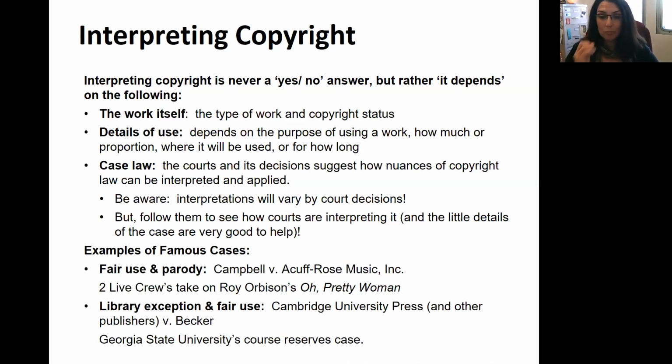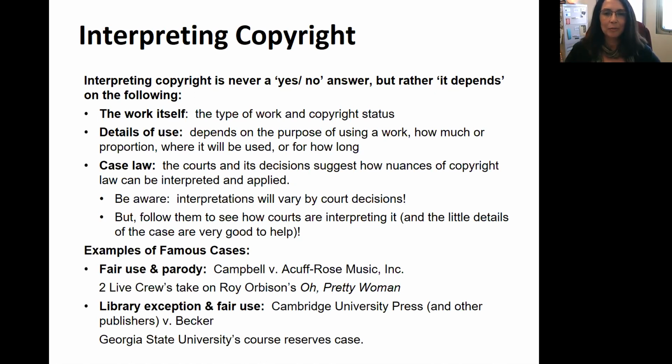So just to give you a couple examples of some very famous cases, fair use and parody actually was defined quite a bit, and it originated here from South Florida. How about that? Luther Campbell, also known as Luke or Luke Skywalker, was his stage name, was in a lawsuit with Acuff-Rose Music Incorporated.